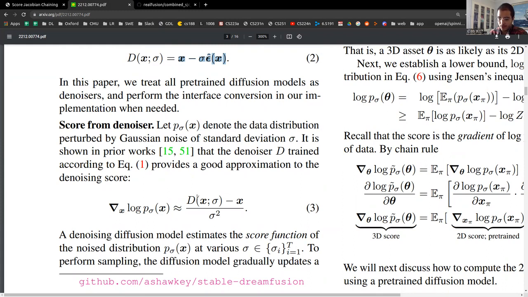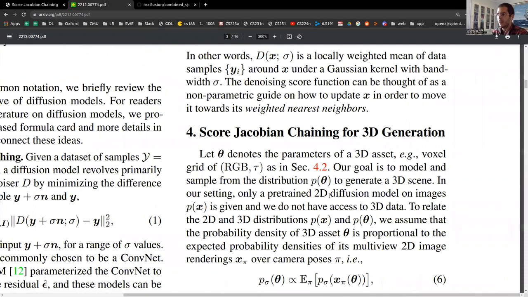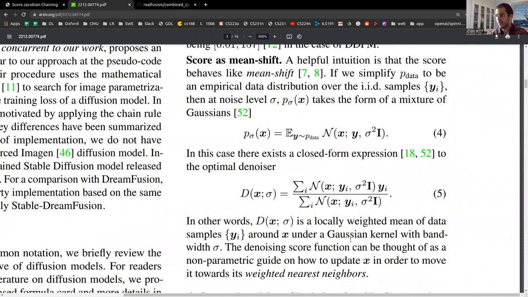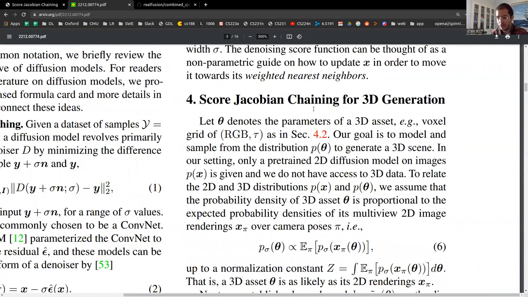Again, denoised minus the original divided by the square of the variance of the noise that I'm adding allows me to calculate the score. So let's move on to equation 6. I will pass over these because they're mostly similar to one another, and they are not as important as the following equations.